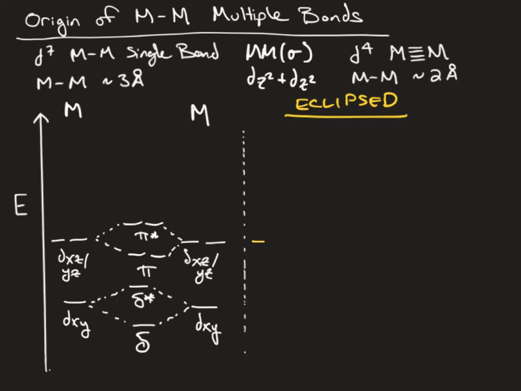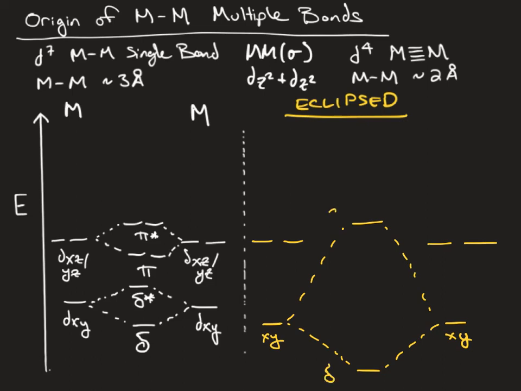Because of this, your corresponding bonding and anti-bonding interactions indicate very strong bonding. So with the xy, you form a low energy delta and a high energy delta star. With the pi and the pi star, you form a low energy pi and a high energy pi star.